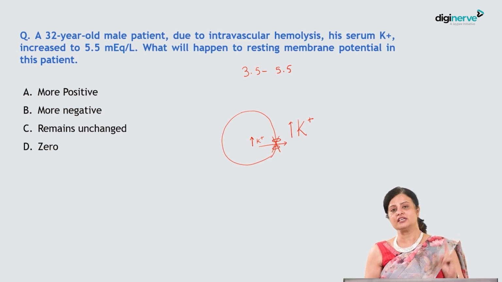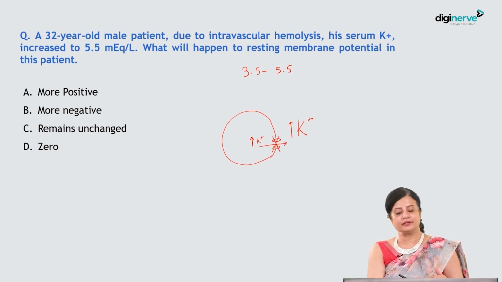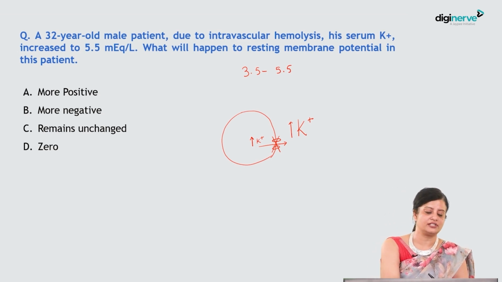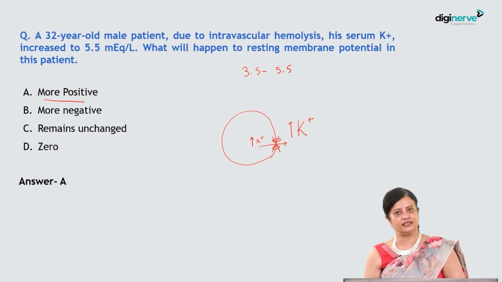Because of the increased presence of the positively charged potassium ion, the resting membrane potential becomes more positive. The cell will get depolarized, and hence the answer is A.